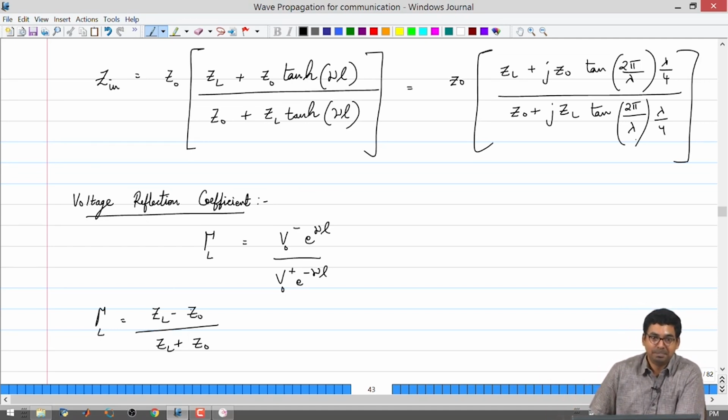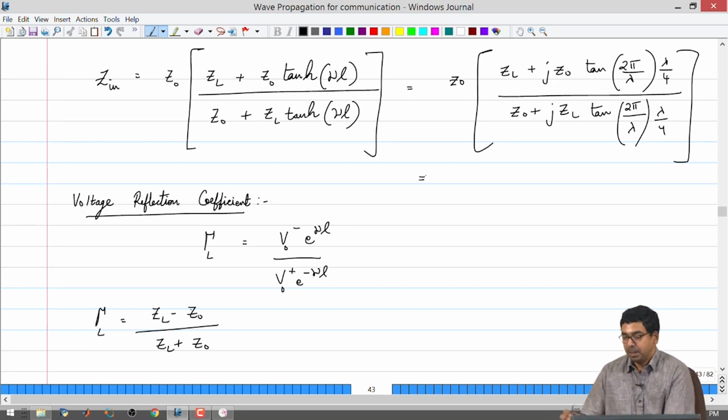Here you will be having 2 pi divided by lambda times lambda divided by 4. So, that becomes tan pi by 2. Tan pi by 2 is infinity, so this is not going to be easy to do in this way. That means that we have to normalize with respect to this term.